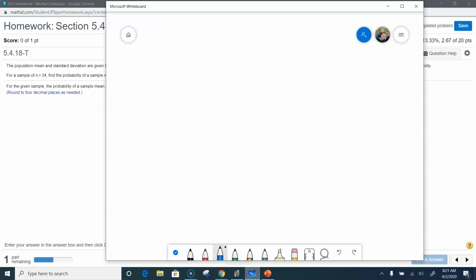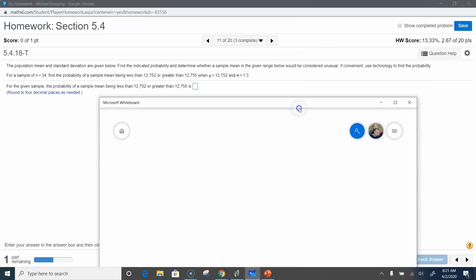So let me look at my whiteboard for this because I'll lose track of these numbers. But my limits are 12,752. So below that or above 12,755. And then we know that our mean is 12,752.